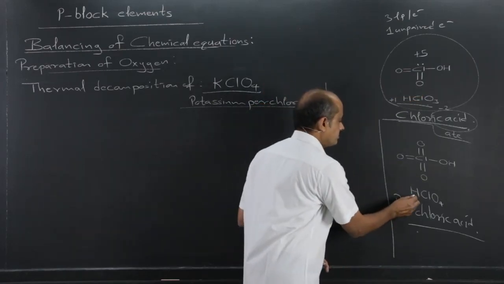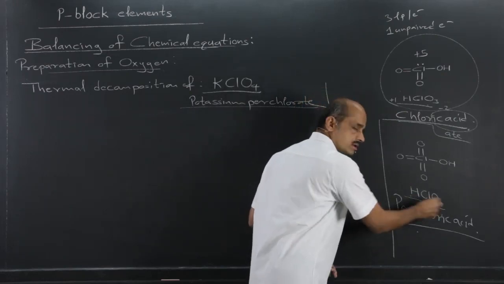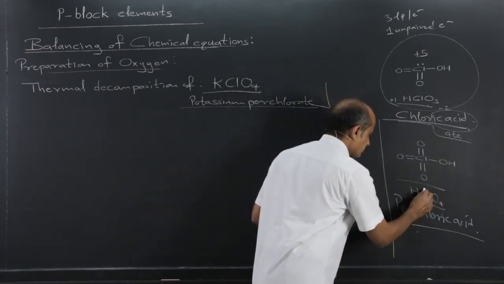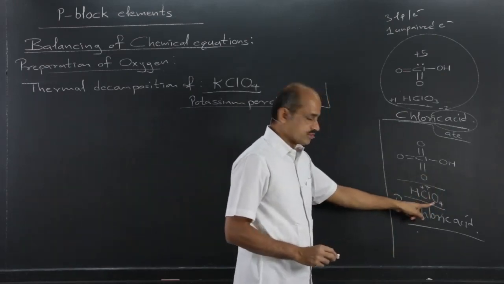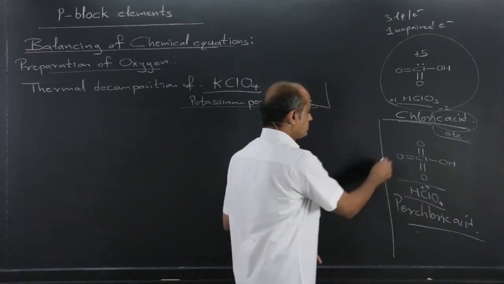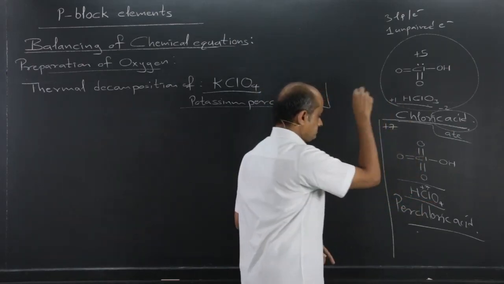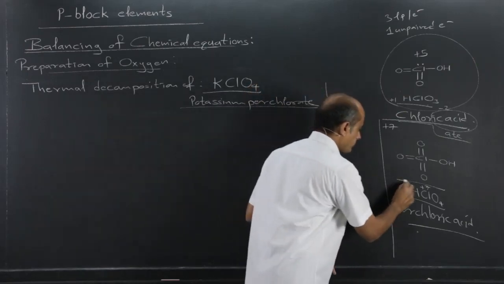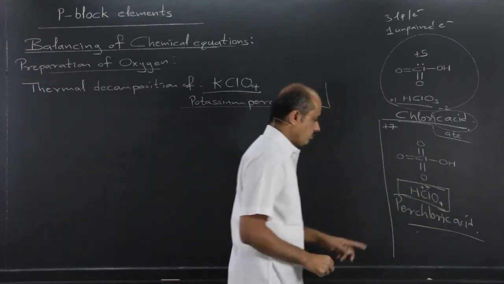But in perchloric acid, the oxidation number of chlorine is plus 7, since minus 2 into 4 plus 1 gives minus 7. In short, the molecular formula we write is HClO4.